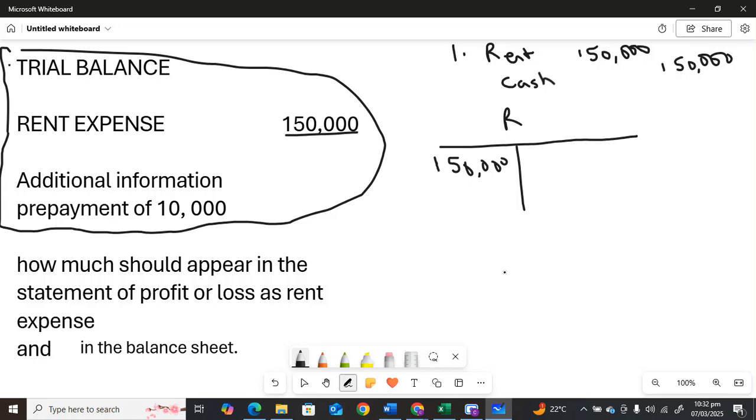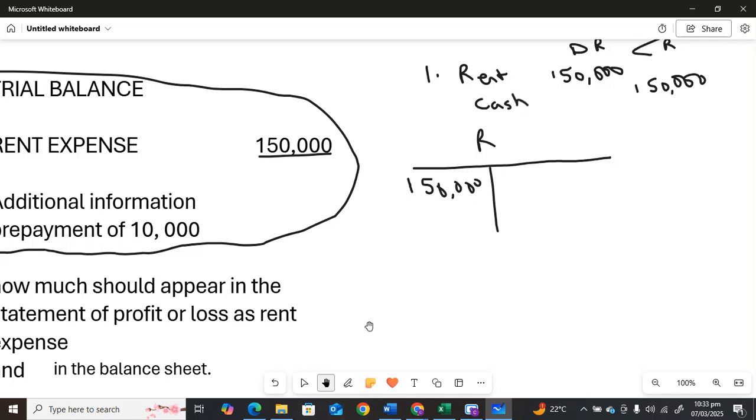And then on the balance sheet, how much should appear under prepaid rent as a current asset? 10,000. Yes, 10,000. So remember, the whole concept here is you deduct the prepayment from the expense and you include it as a current asset in the balance sheet.